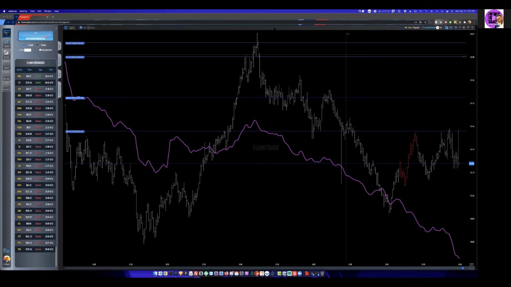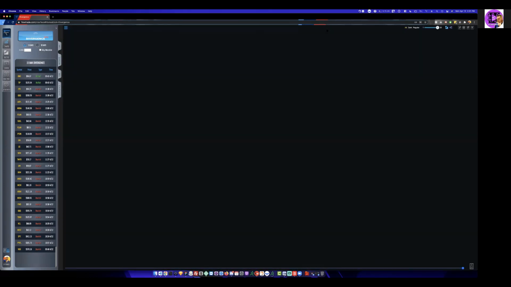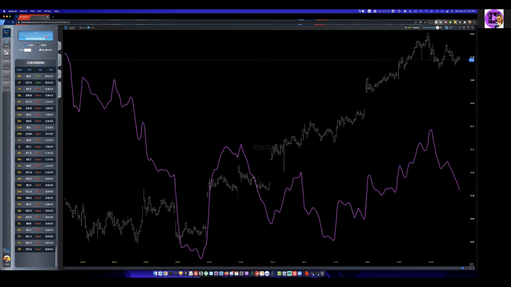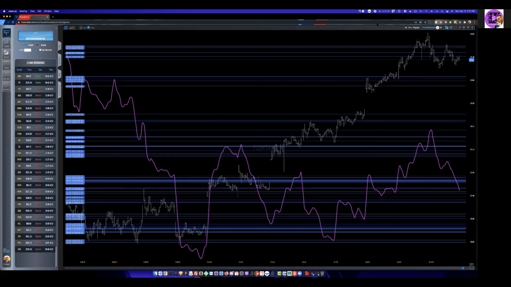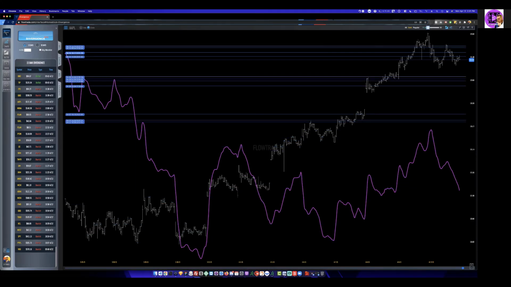Apple on the 15-minute time frame. It's a lot of block trades. Let me get rid of some of those. Okay, Apple on the 15-minute time frame.